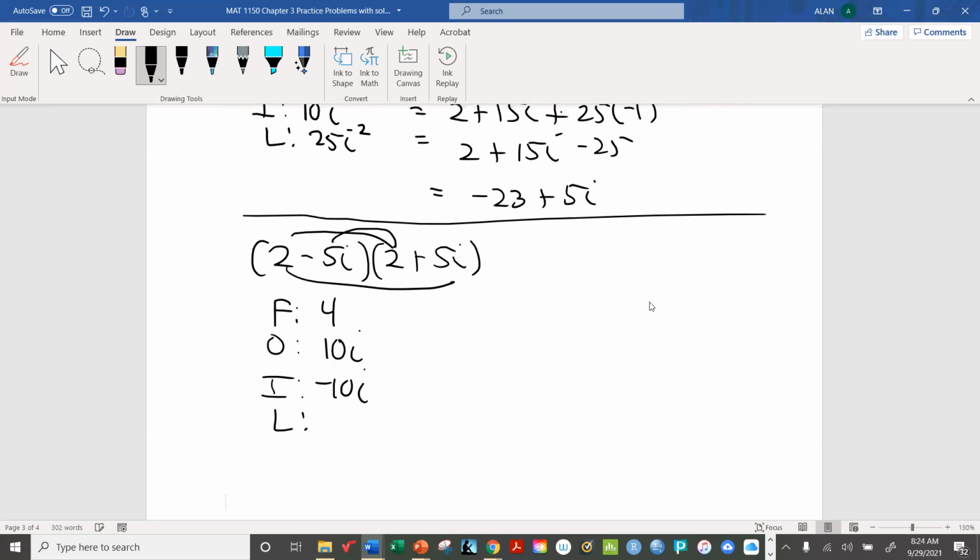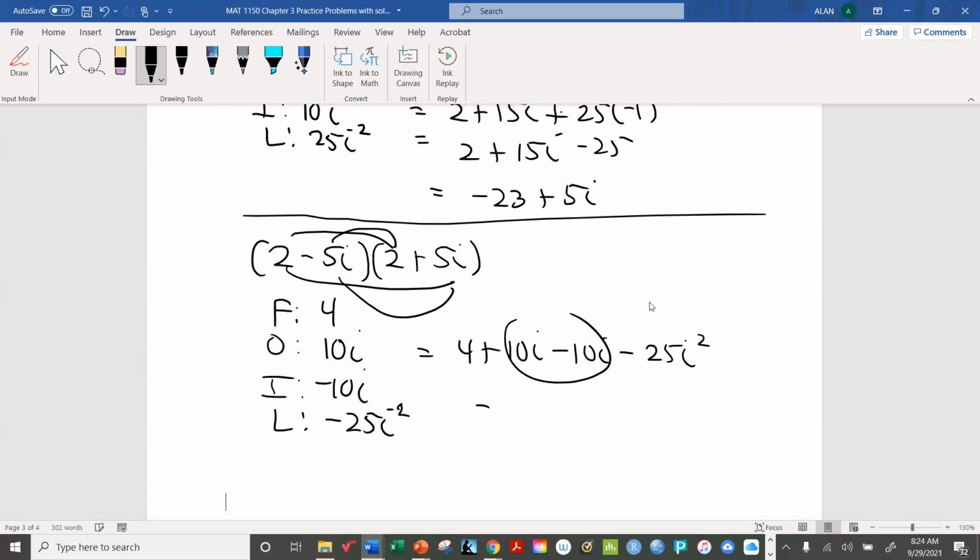So you can see these two will cancel out. We're left at the end with minus 25i squared. Now, of course, these two drop out.